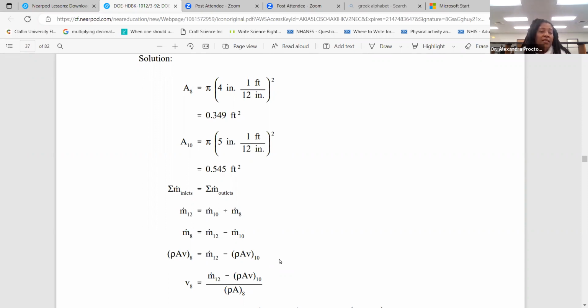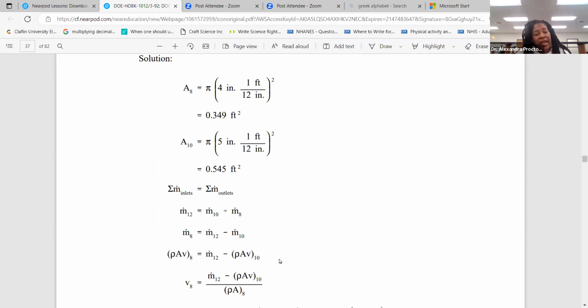And so sigma m inlets is equal to sigma m outlets. So m12 is equal to m10 plus m8. M8 is equal to M12 minus M10, and they substitute in for the M. So rho A V for the 8-inch section is equal to M12 minus rho A V for the 10-inch section.